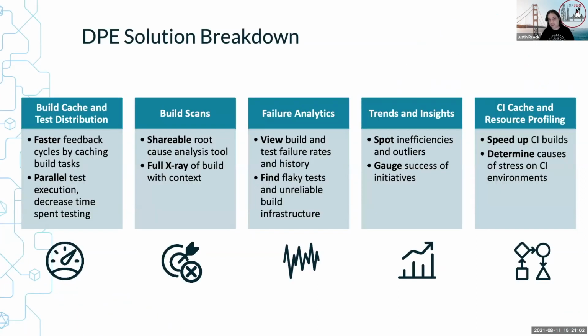Failure analytics, we want to be able to see failure rates and history. All right. So it's not just that one developer had one failure that a build engineer helped to diagnose. What if we looked at those failures historically and found out actually that 50 developers had been dealing with that same failure over the course of the last couple of weeks?